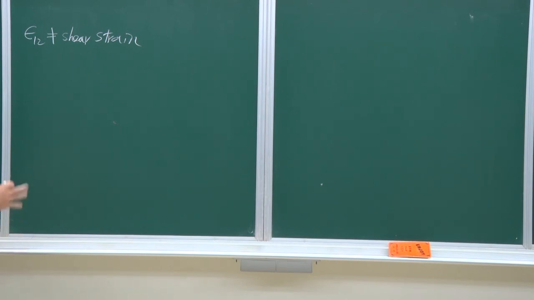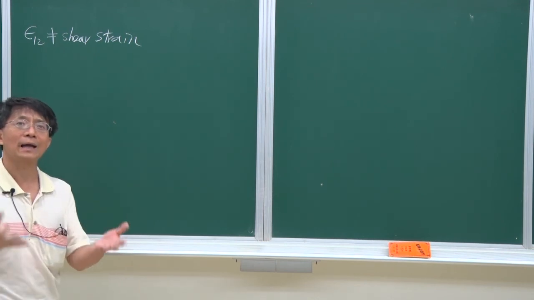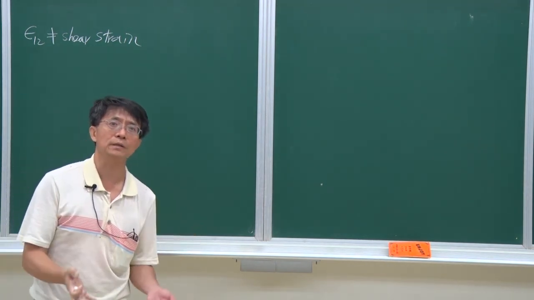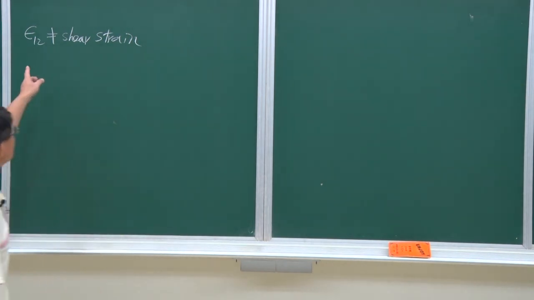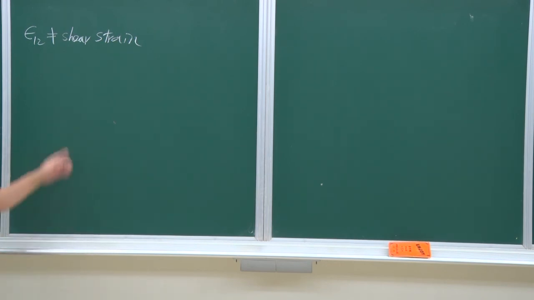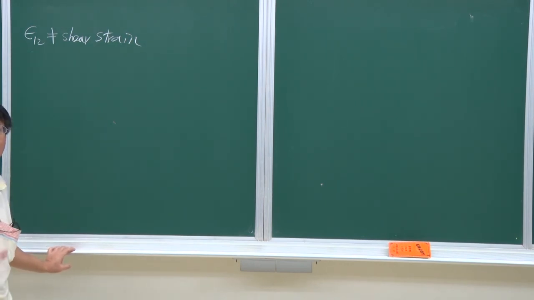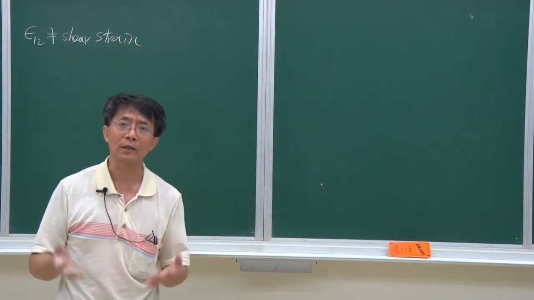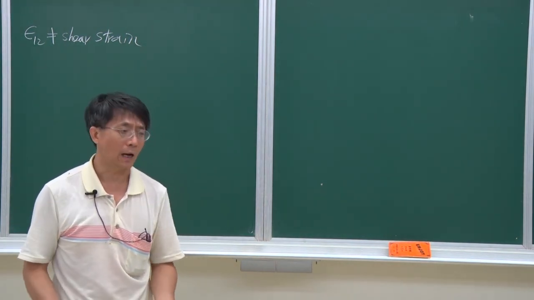Why? Because it is only a part of the shear strength. It is very confusing to use epsilon 1, 2 as the shear strength, because when epsilon 1, 2 equals 0, there's still some shear deformation. It is misleading to take epsilon 1, 2 as a shear strength. Then the next question is, what kind of physical quantity can do the job?